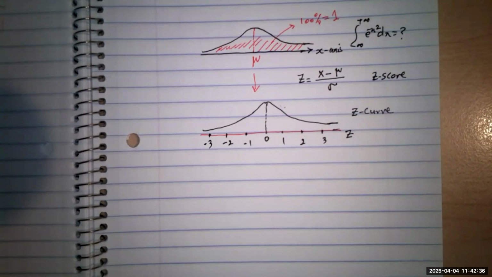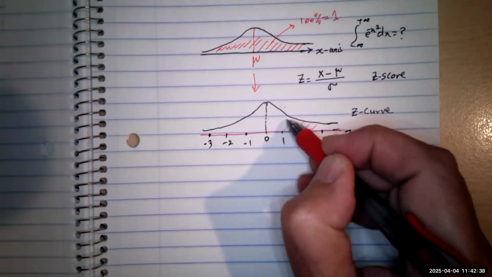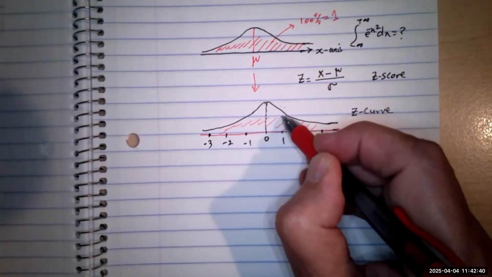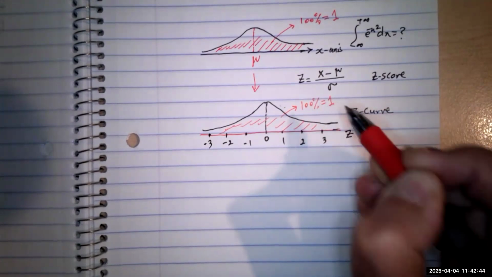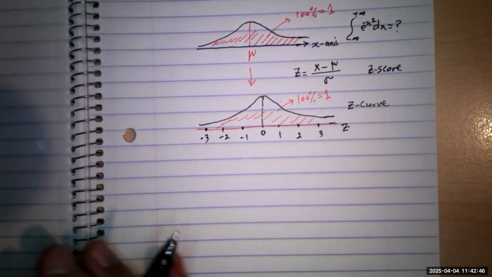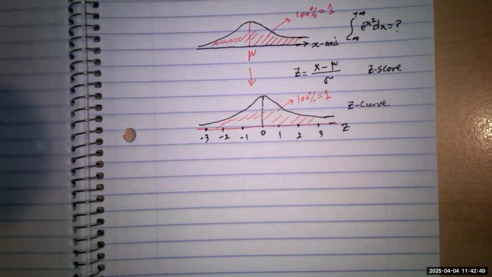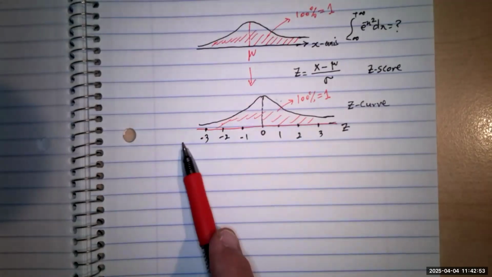Now the same procedure applies: the total area is 100%, or equal to 1. And there is a one-to-one correspondence between the probability and the area under this curve.